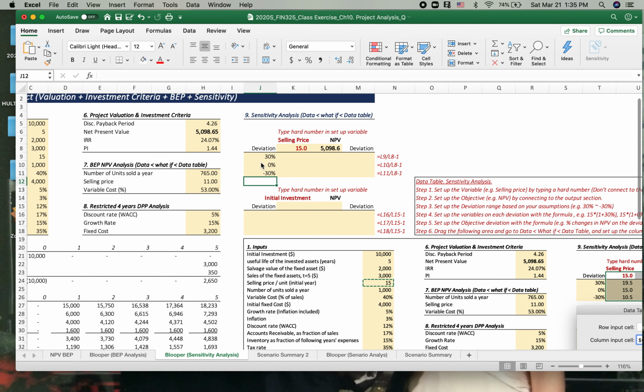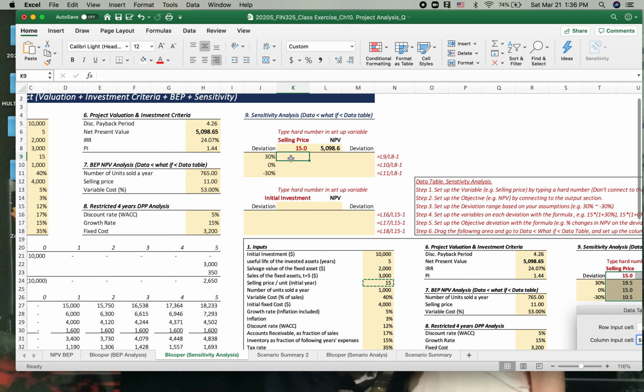Under this deviation of the input variables, this deviation of NPV is the objective. Okay, number 2, set up the objective. We've done that, and we connected this to the spreadsheet. Then step 3, set up the deviation range. We did it. And step 4, set up the variable on each deviation with the formula.